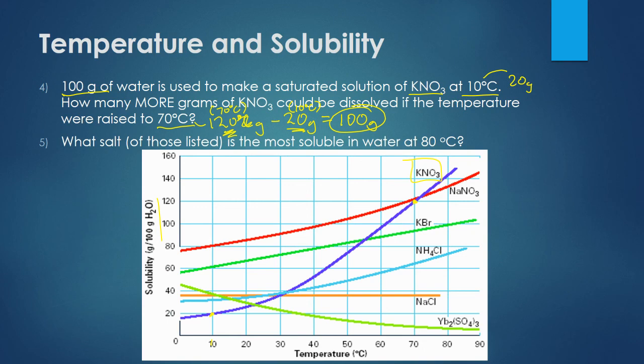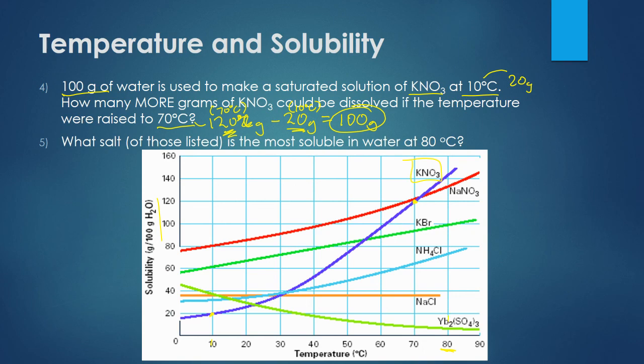The last question is more of a comparison. So we're going to be looking at all of these that are listed, and it wants to know which one is the most soluble, which one has the highest solubility at 80 degrees Celsius. So here we're going to find 80 degrees right here, and go up and see which one hits at the highest point.